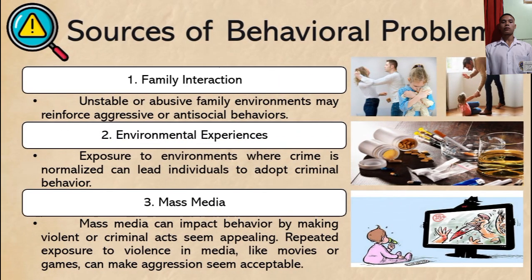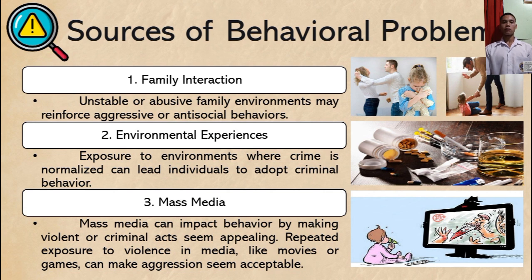Sources of behavioral problems. Number 1 is family interaction. An unstable or abusive family environment may reinforce aggressive or antisocial behavior. Example, a girl who grows up in a home where her parents often fight, yell at each other, and sometimes break things out of anger.